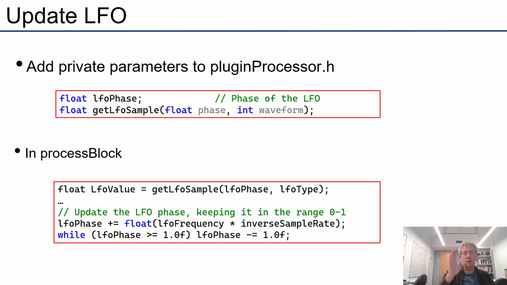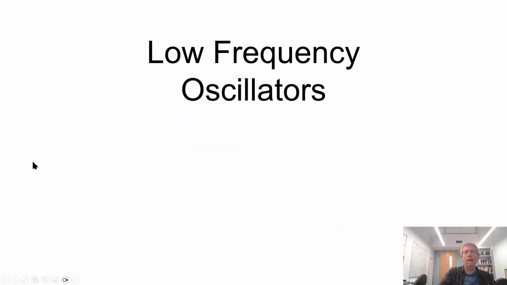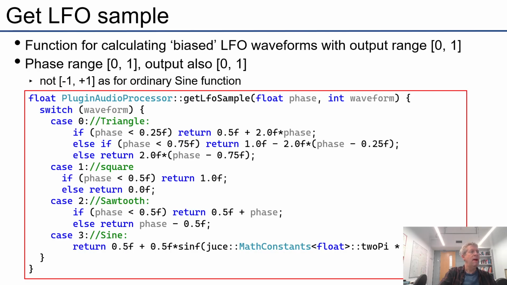So we'll see this LFO in action when going through the vibrato in detail. But the things to keep in mind are as follows. We have a getLFOSample, which for any phase and waveform tells us exactly what the value is.